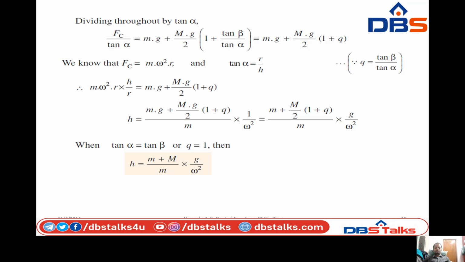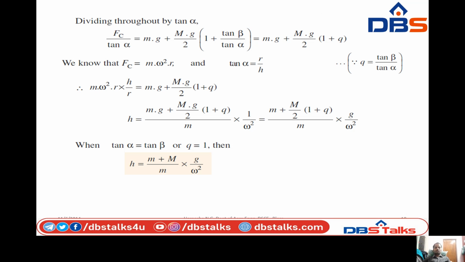Otherwise we can take out the common element, that is tan alpha. So Fc by tan alpha is equal to small mg plus capital Mg by 2 into 1 plus tan beta by tan alpha.